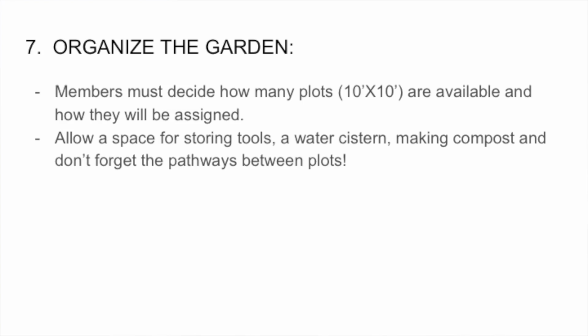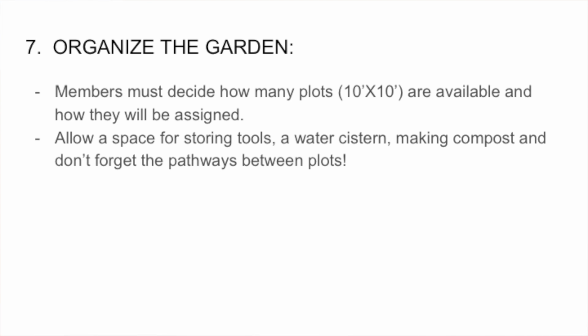So step number 7. The members have to decide how many plots, and there's the dimensions right there, they're 10 by 10. How many are available and how they will be assigned. Once you pick a coordinator, that can be done through the coordinator.